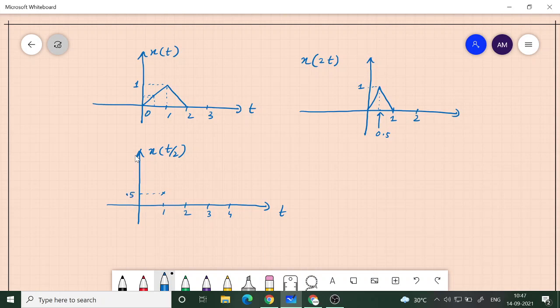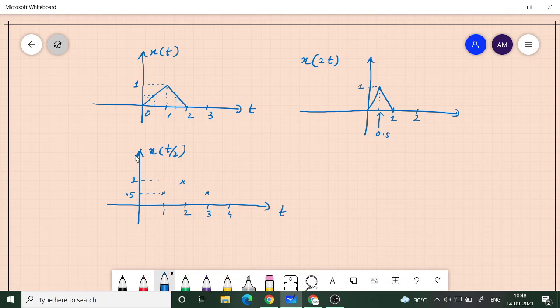Then I put t equal to 2. Then x of 2 by 2, which is x of 1. x of 1 is what? I have 1 here. So this is the point. Then t equal to 3: x of 3 by 2, which is 1.5, and x of 1.5 is also half.